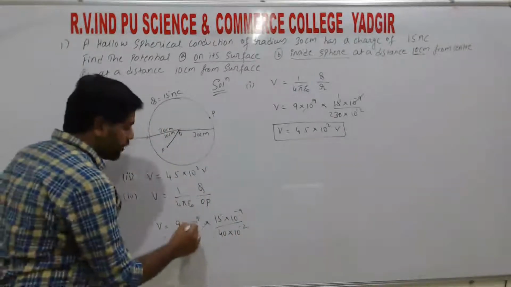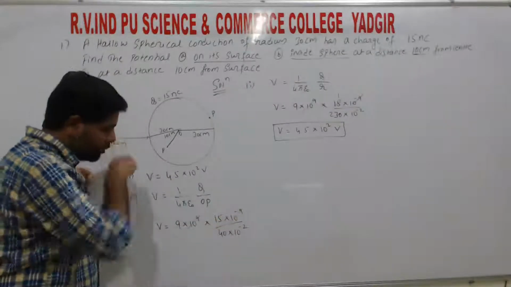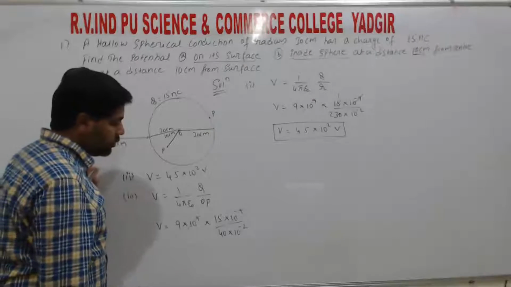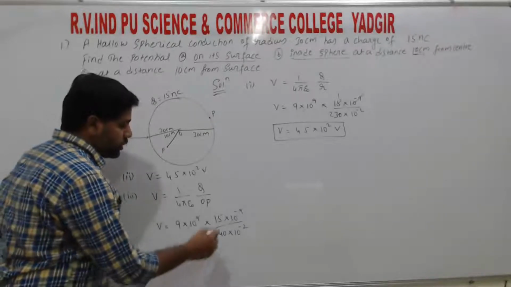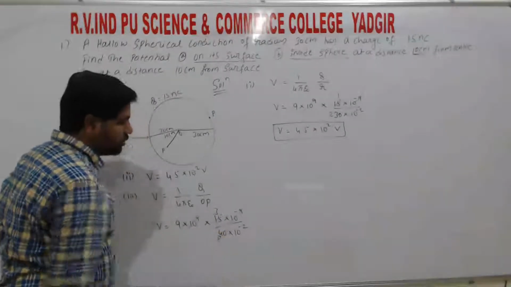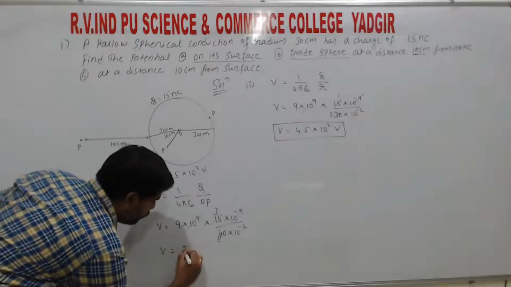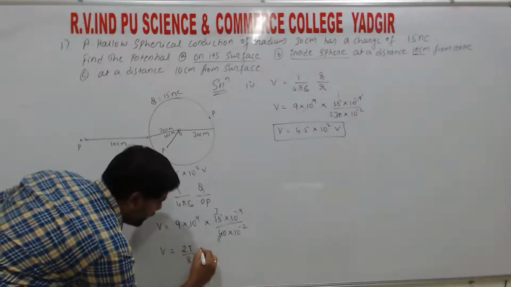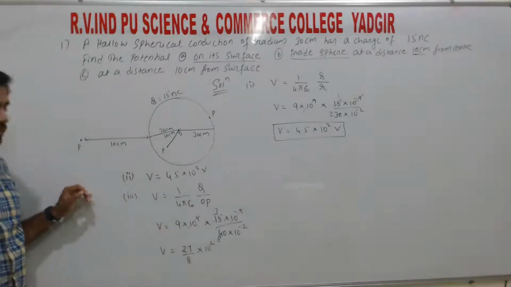Plus 9, minus 9 cancel. So 5 3s are 15, 5 8s are 40, so V is equal to 27 divided by 8 into 10 to the power of 2.